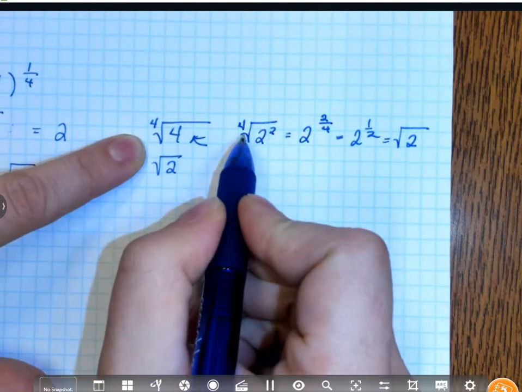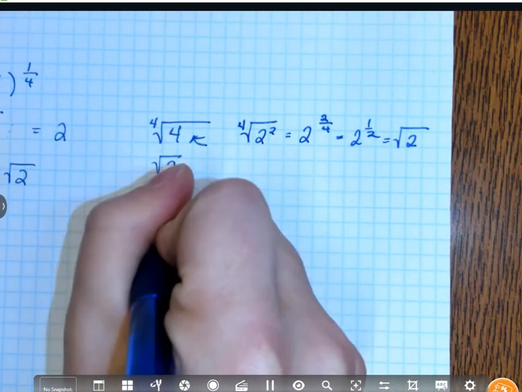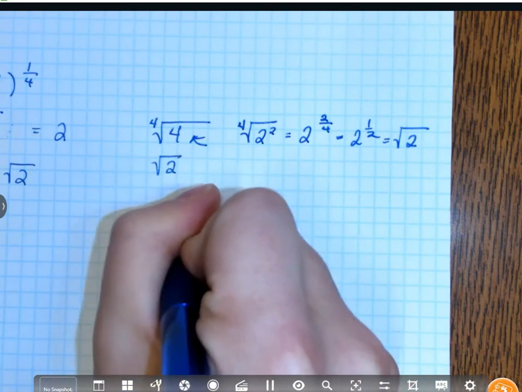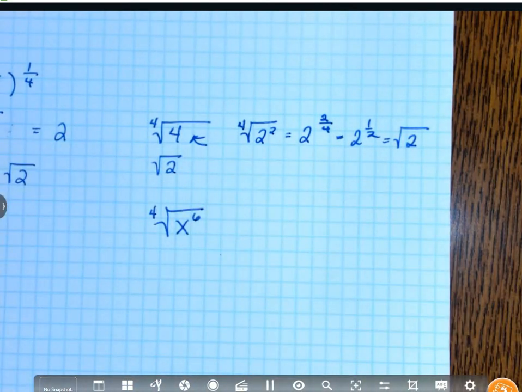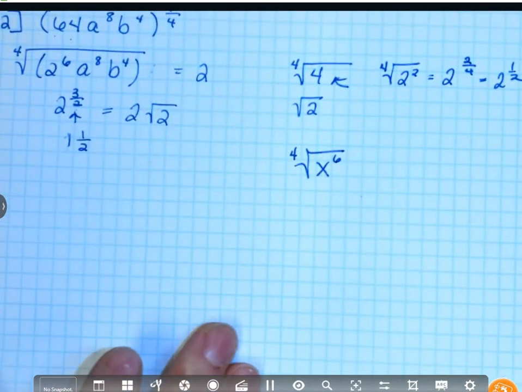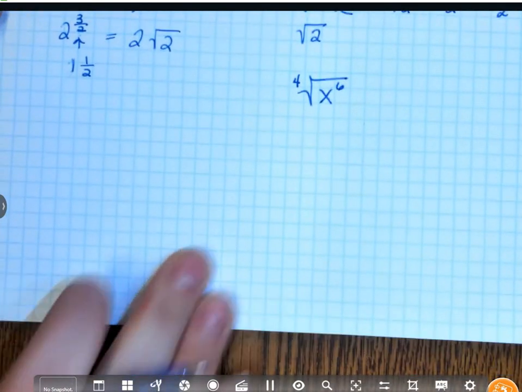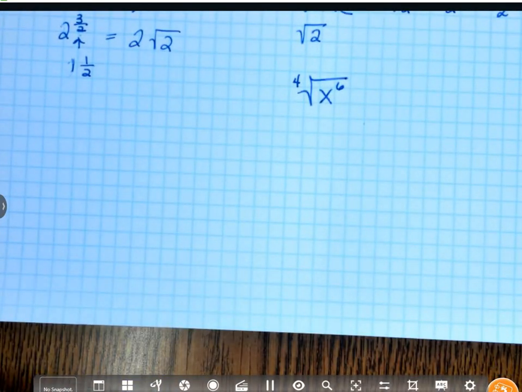And so this is like saying, leaving your answer as the 4th root of x to the 6th. You need to simplify that fraction. Okay? And again, I'm going to try to make sure that that's avoided because I know that that's just kind of cruel and unusual. But just so that you understand what the correct answer in that case is.